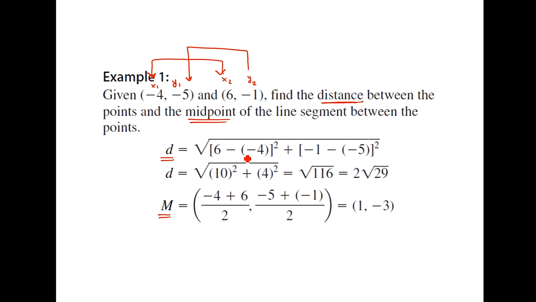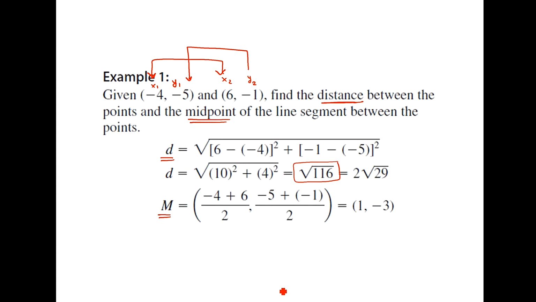Look at this. 6 minus minus 4 equals 10. 10 squared is 100, and minus 1 plus 5 equals 4. 4 squared equals 16. 100 plus 16 is 116, the distance. We can keep it as radical 116, and also we can simplify it to 2 times radical 29.